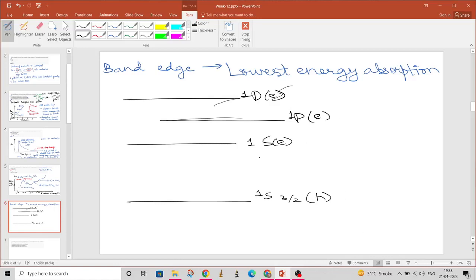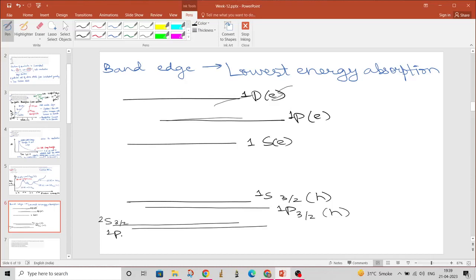Here we are using H for holes. So this is 1P 3/2 H, this one is 2S 3/2, and the next one is 1P 1/2.